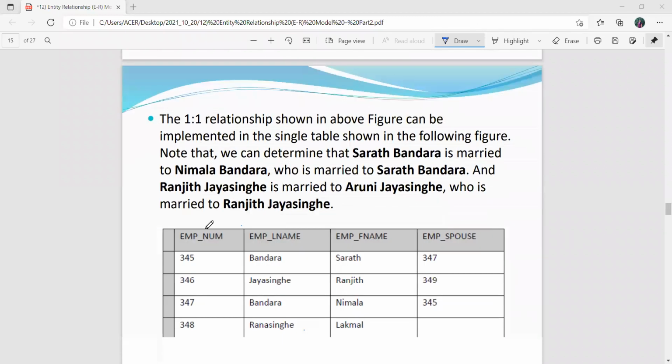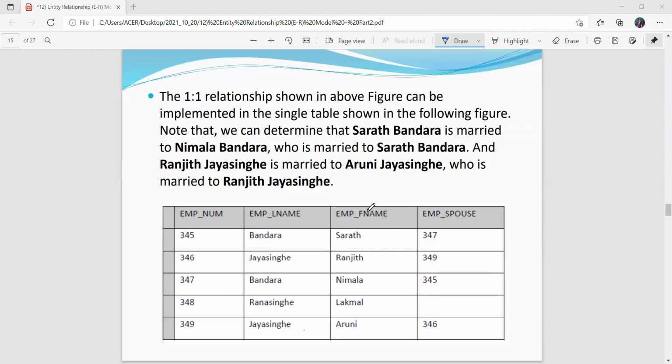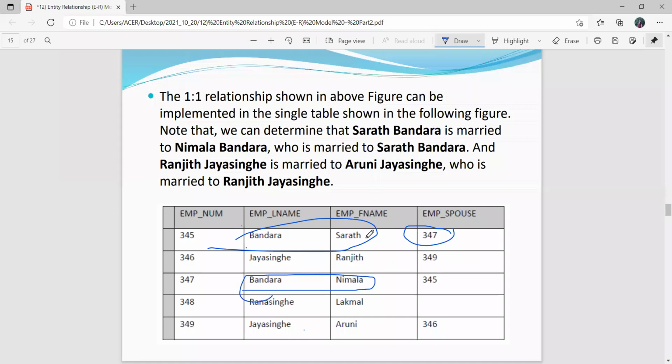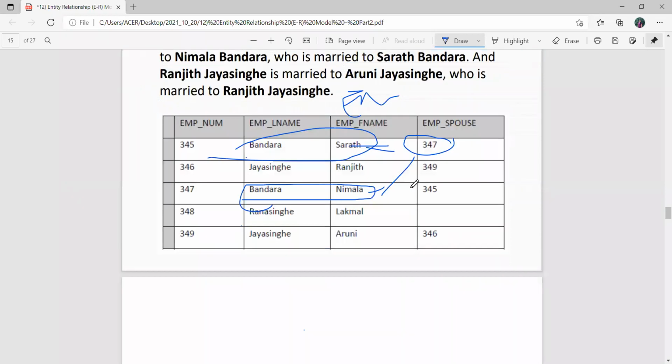Again, you can see employee numbers, employee first name, employee name, and their post. Sarath Bandara is married to Nimala Bandara, but both of them belong to the employee entity.